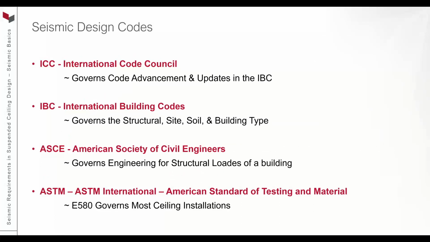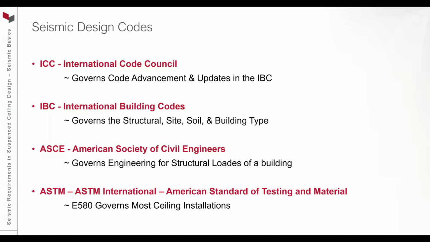So as code passes down from the transition from the UBC to the IBC, what happened was the UBC handed it over to the ICC. So the ICC, the International Code Council, governs all the building that happens in the United States.